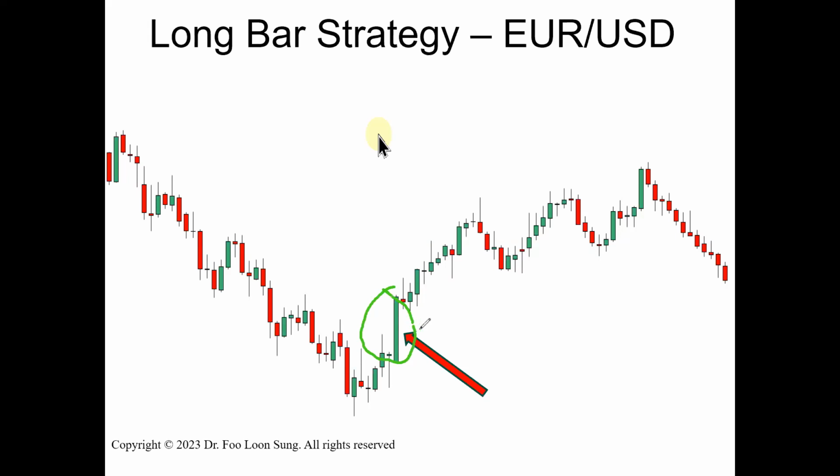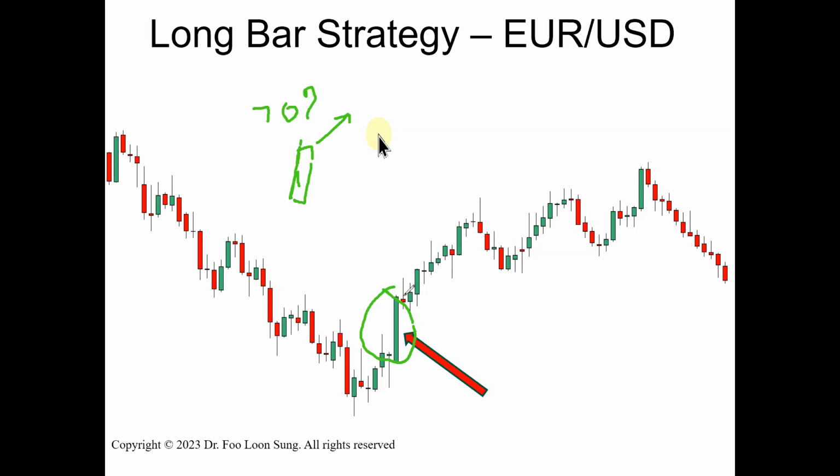So when you spot a long bar, you know how the long bar behaves, right? There is a 70% probability that once you spot a long bar, the next candle is going to be a bullish bar.